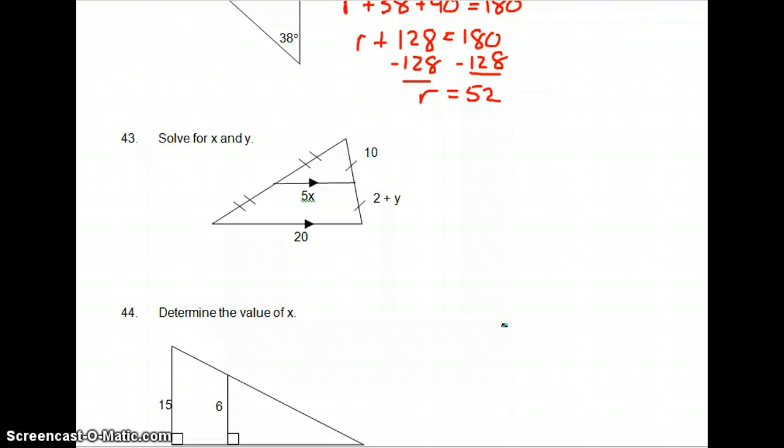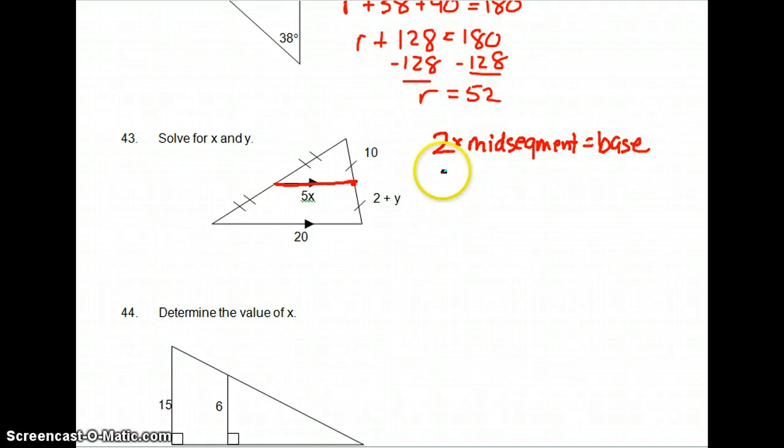43. Solve for x and y. Anytime you see these segments like this, you know that this is the mid segment. And we told you before that the formula you can use is 2 times the mid segment equals the base. So 2 times 5x equals 20. 10x equals 20.